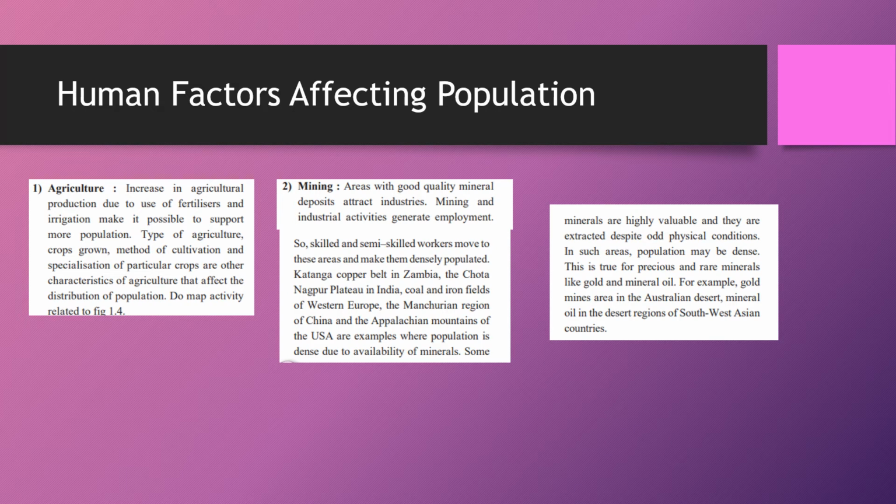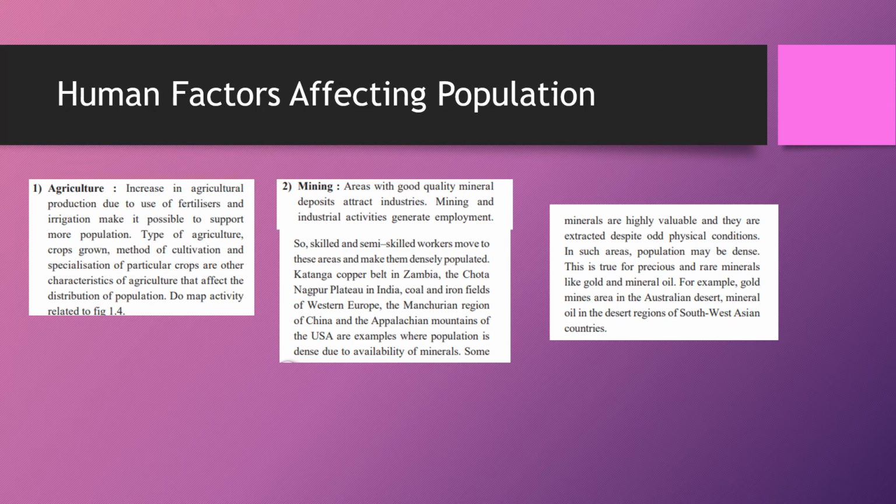Areas with good quality mineral deposits attract industries. So the second point is mining. What is mining? Mining and industrial activities generate employment. For mining, you need skilled and semi-skilled workers to move to these areas and make them densely populated.